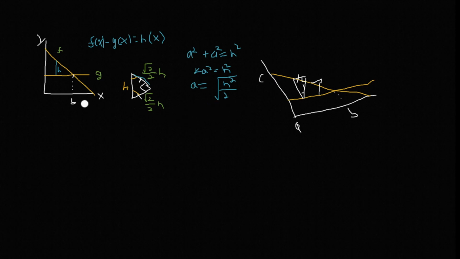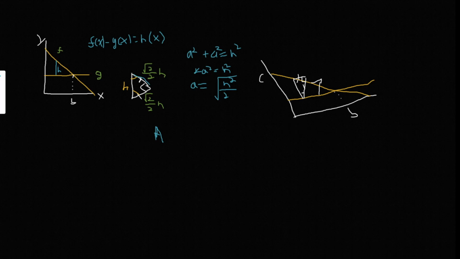But we want to find the total area. I'll do that as capital A. Labeling multiple things A is probably not a good idea. So let's actually rename this point, or just delete it. Well, I'll keep it.